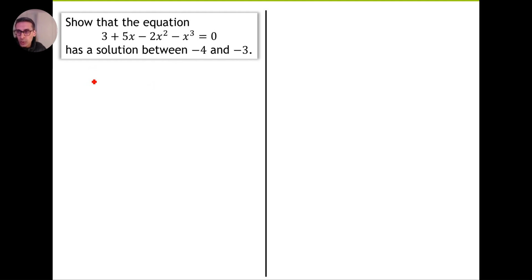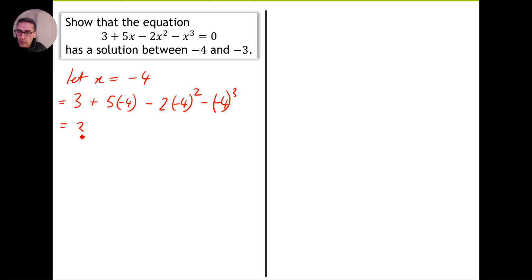So the first thing we want to look at here is let x equal -4, and we're going to substitute that into here. So 3 plus 5 times -4, take away 2 times -4 squared, take away -4 cubed. And we're going to work out what that is.